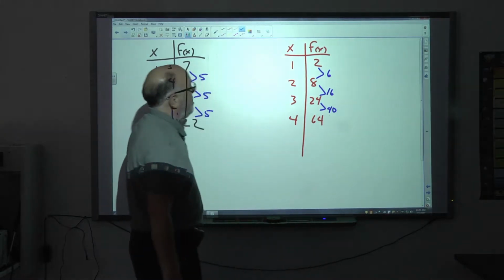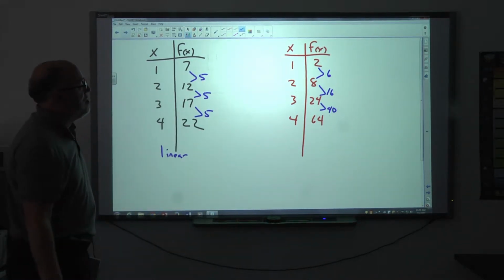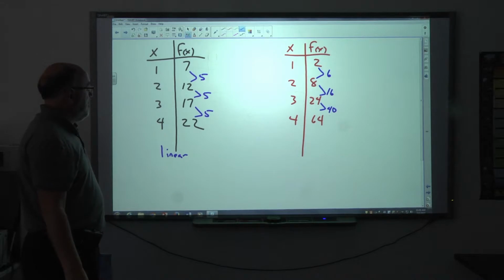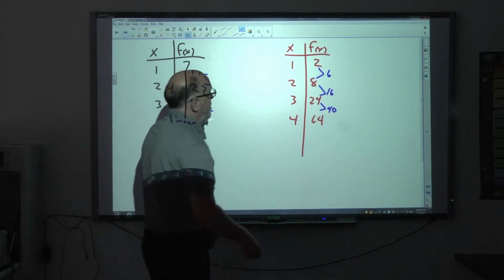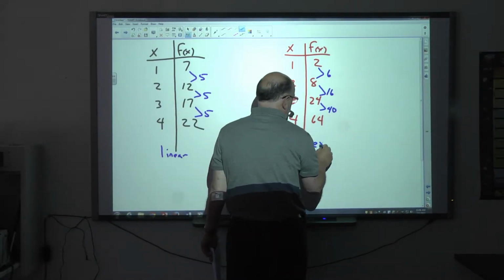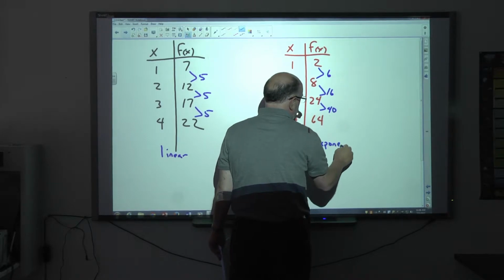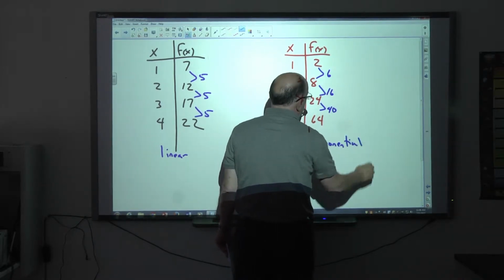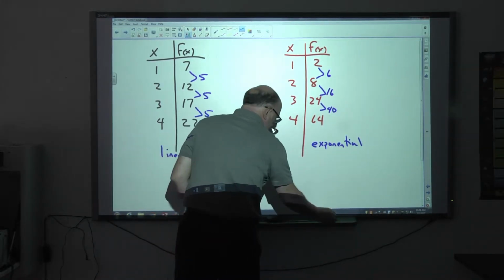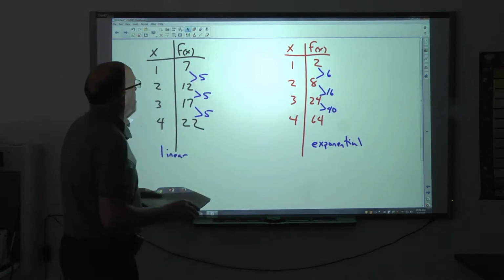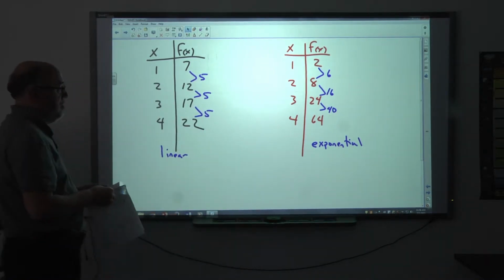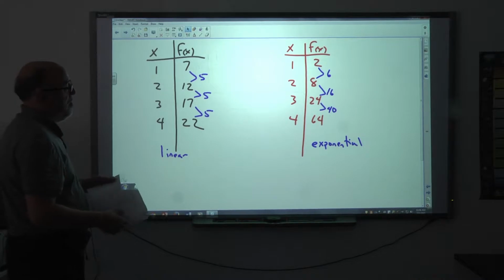It's not growing at a constant amount, so there is some type of exponential thing going on here. So we have two types: a constant amount, and a constant rate.